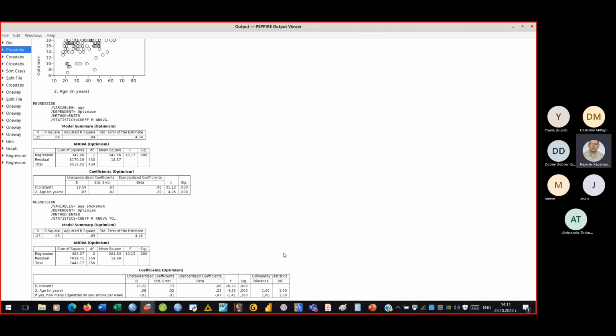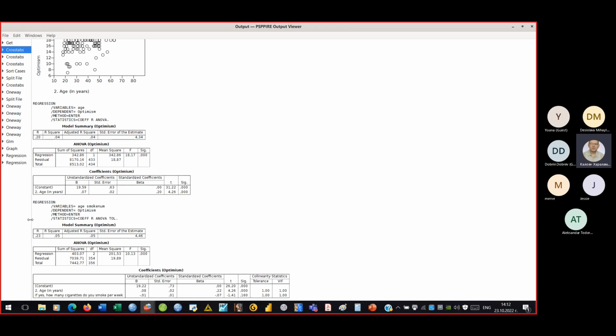And after that, we can compute the measures of strength of relation. We can compute coefficient of correlation and of course a coefficient of determination.